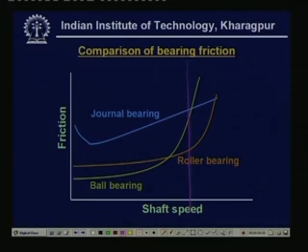But these bearings have one good advantage: low friction at relatively low shaft speeds, and their maintenance is also relatively easier compared to journal bearings. However, the journal bearing can take up a huge load. Of course, these also can take huge loads, but journal bearings are mostly suited for very high speeds and high loads, and they take less space and are more compact.